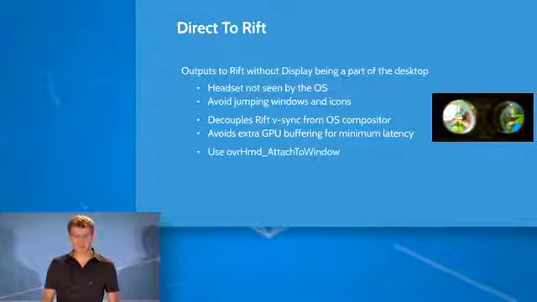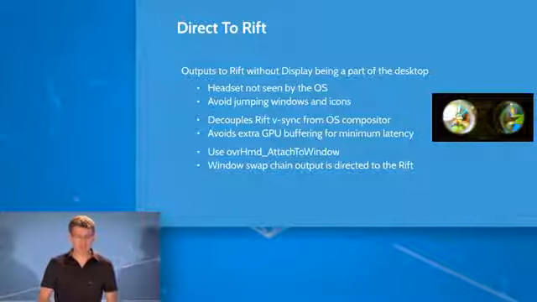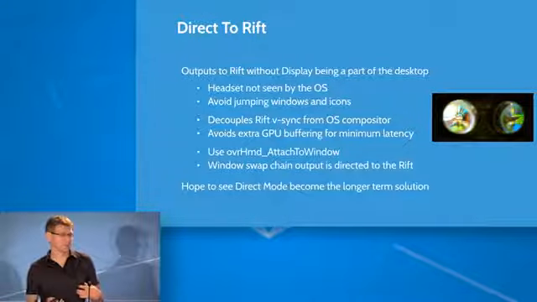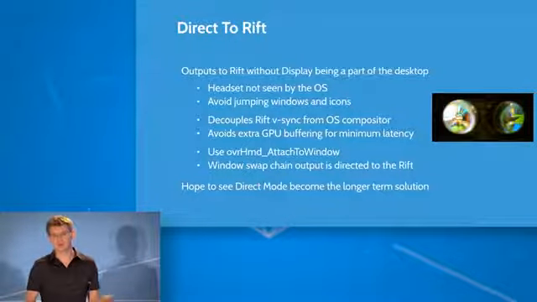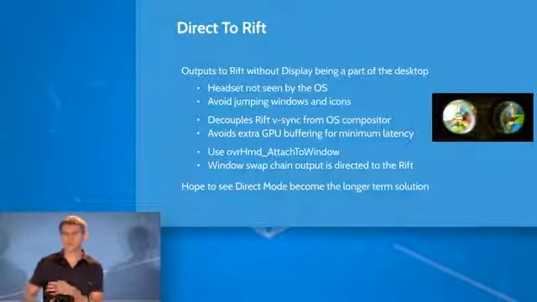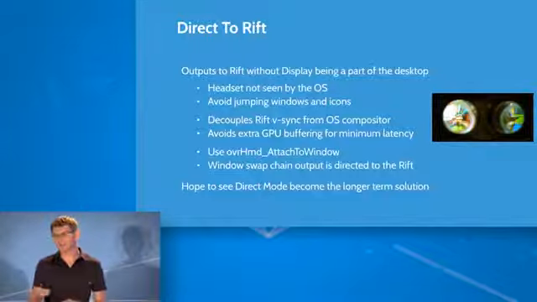There'll be no jumping windows and icons, and we are decoupling the vsync from the Windows Compositor, which means that 75 Hertz or 90 Hertz going forward, all of those rates can be achieved without any kind of slowdowns or delays. Another thing is we can avoid extra GPU buffering by taking advantage of low-level driver kernel interactions.